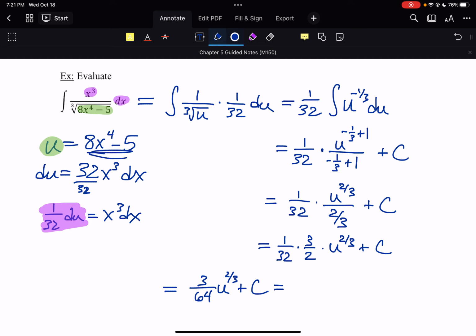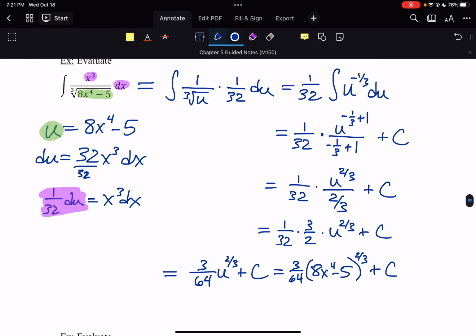Sub back in what we know u is. So we get 3/64 times 8x to the 4th minus 5 to the 2/3 plus c. And then the problem originally gave us the radical notation, so we can go ahead and put the final answer in radical notation as well. So it's 3/64 times the cube root of 8x to the 4th minus 5 squared plus c.